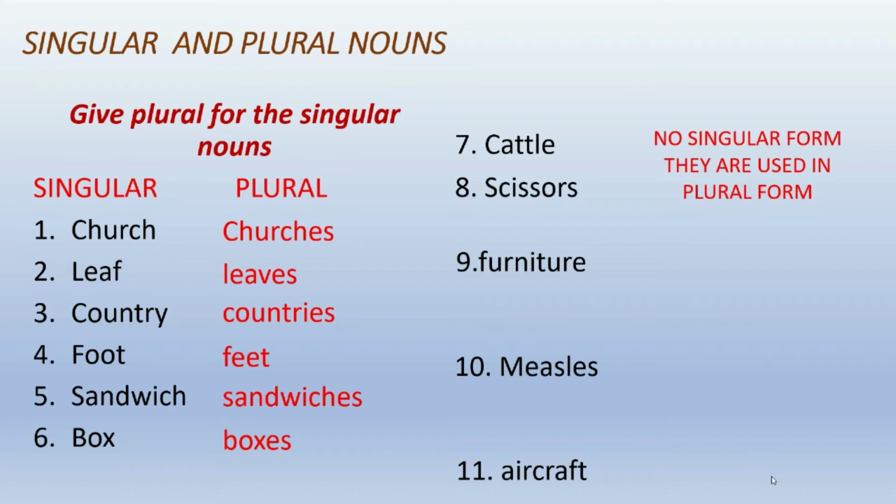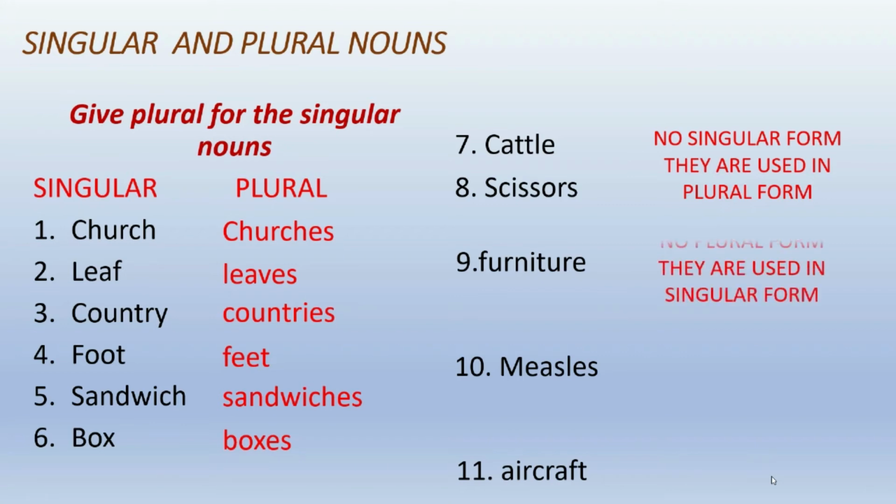So furniture, the next one. Now what is furniture? Table, chairs, desk, sofa set, all this is furniture. Now you don't count them, whether they are one or two or many, it is called furniture. So there is no plural form.